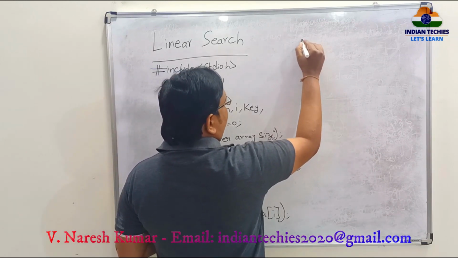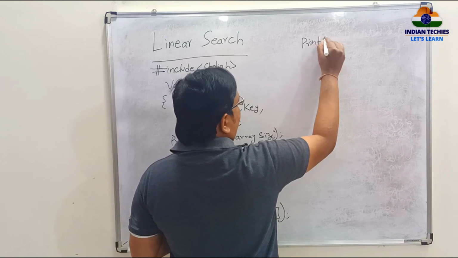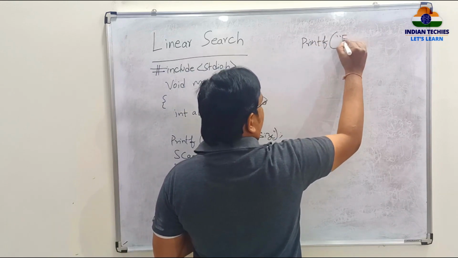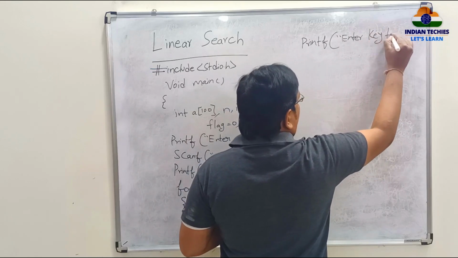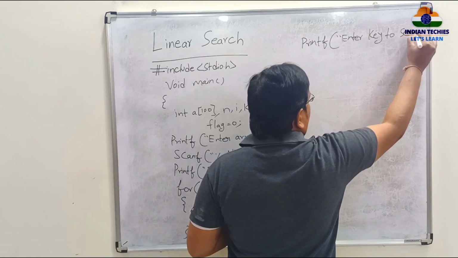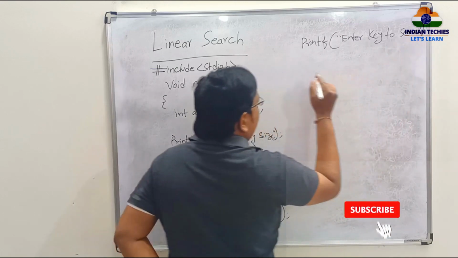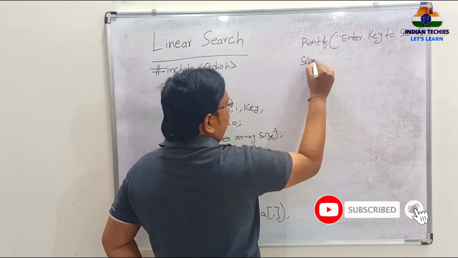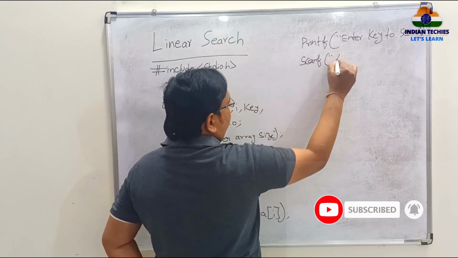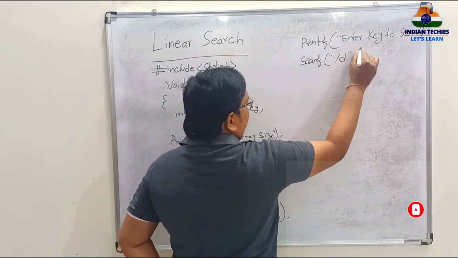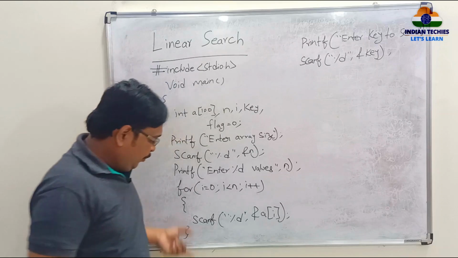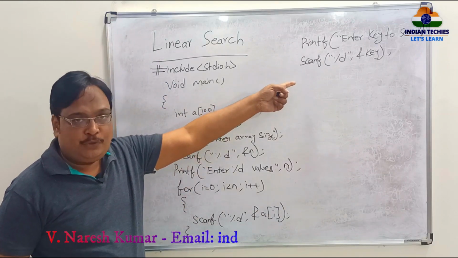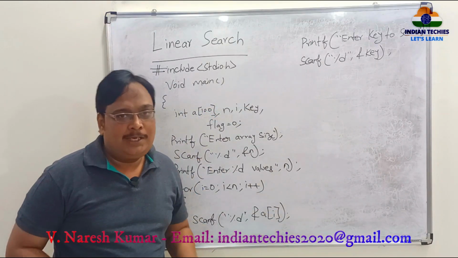That is, printf("enter key to search"). So, what is the variable we have taken? That is scanf("%d", &key). Now, input is done and whatever value that you want to search has also been taken as input.